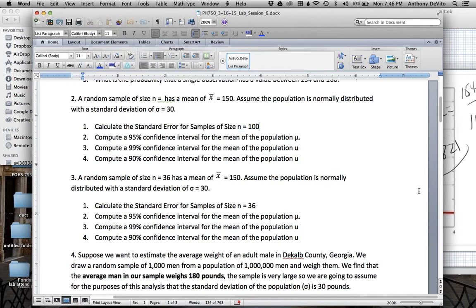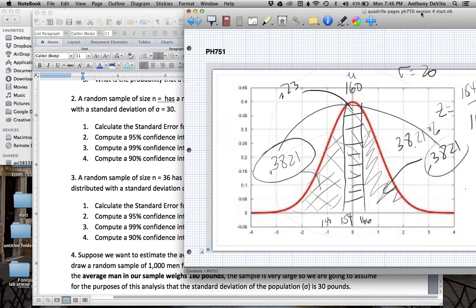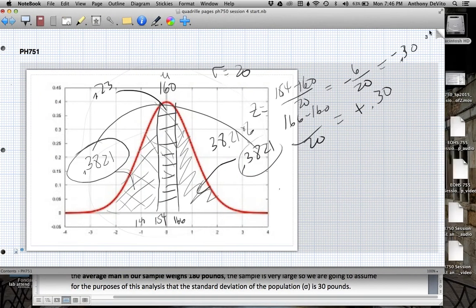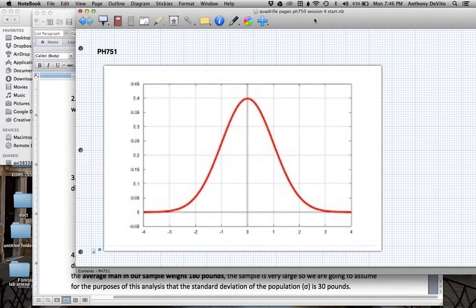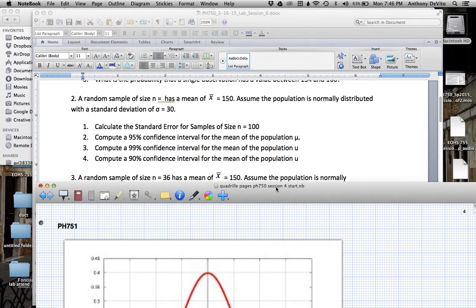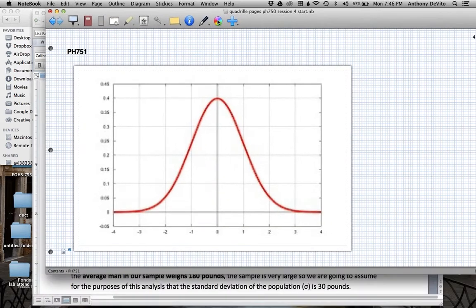So what's the standard error here? Sigma over the square root of n. Let's get a fresh piece of paper. The mean is 150, except this time we're looking at the sampling distribution.